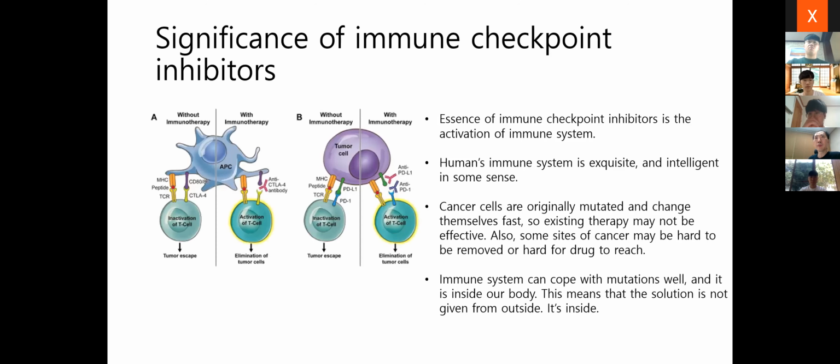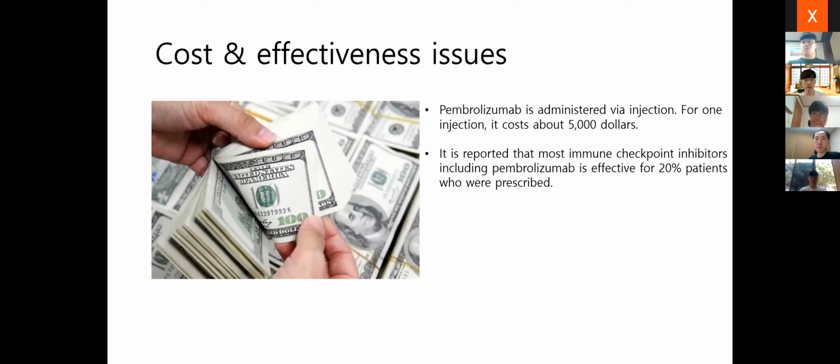Yeah, go ahead. So in the slide where it says that it only had an effect of 20%, I think it was the last slide. Can you say it again? Oh, okay.